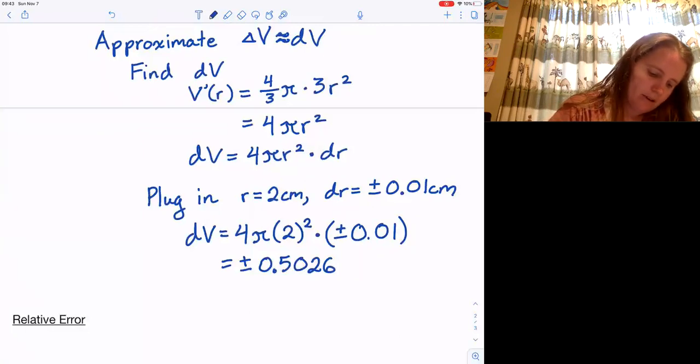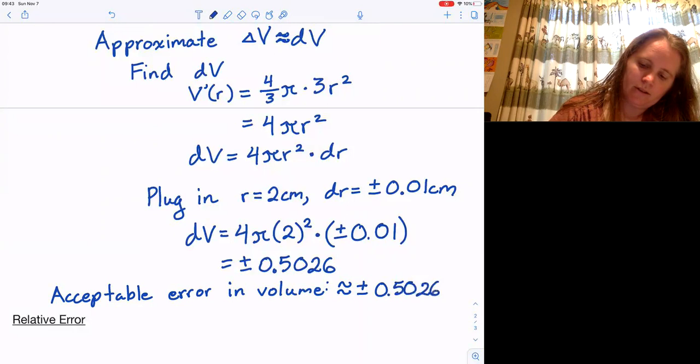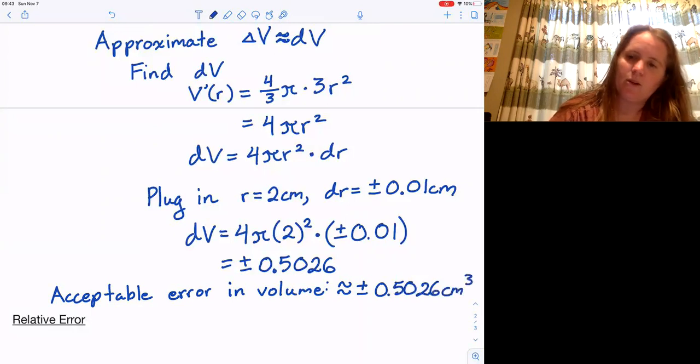So our acceptable error in volume is approximately plus or minus 0.5026 cubic centimeters.